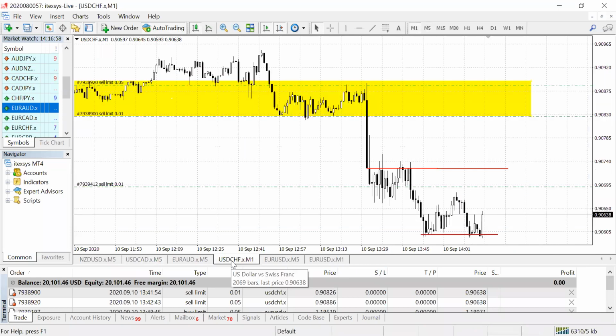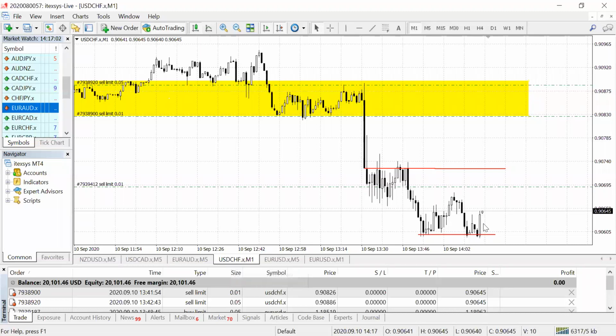Let me just scan my other charts. Let me see I'm not missing anything. Okay, about this trade, USD franc, we didn't break the support right here, correct? That's telling me the market is not sure to go further down, which invalidates this trade right here, because this might start a deeper pullback. So I'm not sure I will take this trade right here.